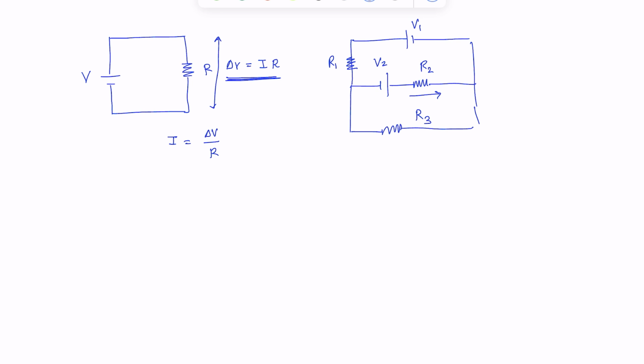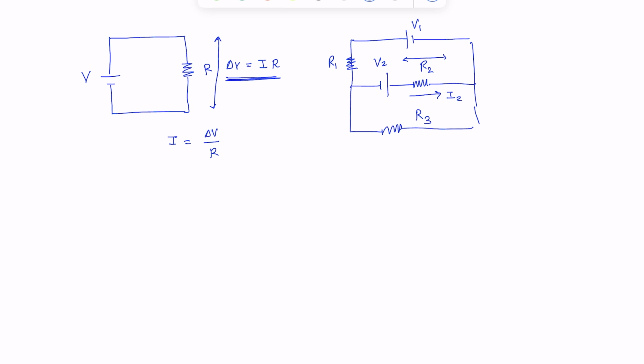If you want to figure out this current I2, you have no way of knowing that unless you know what is the potential difference across this resistance. Now this is where these rules given by a scientist named Kirchhoff are applied.